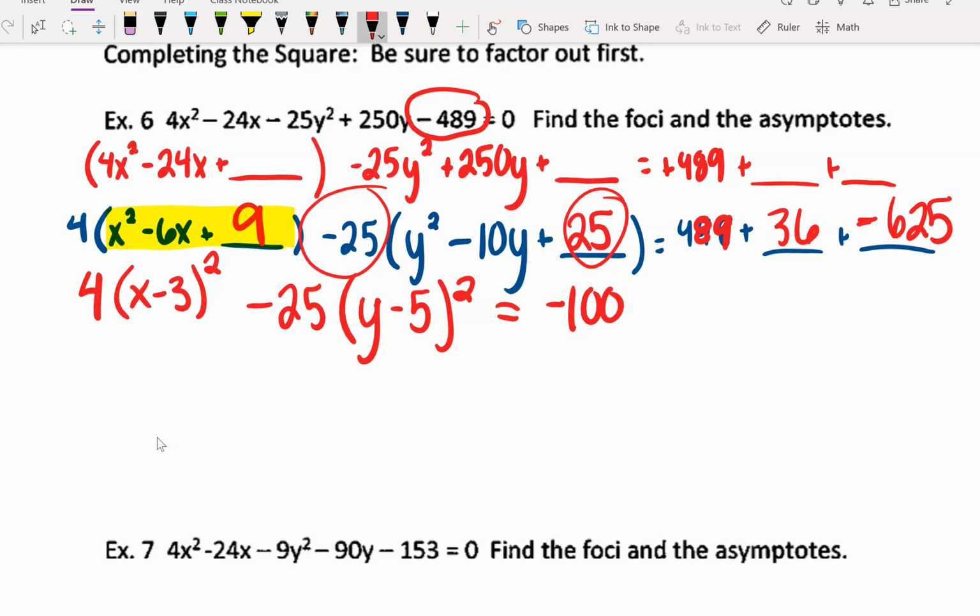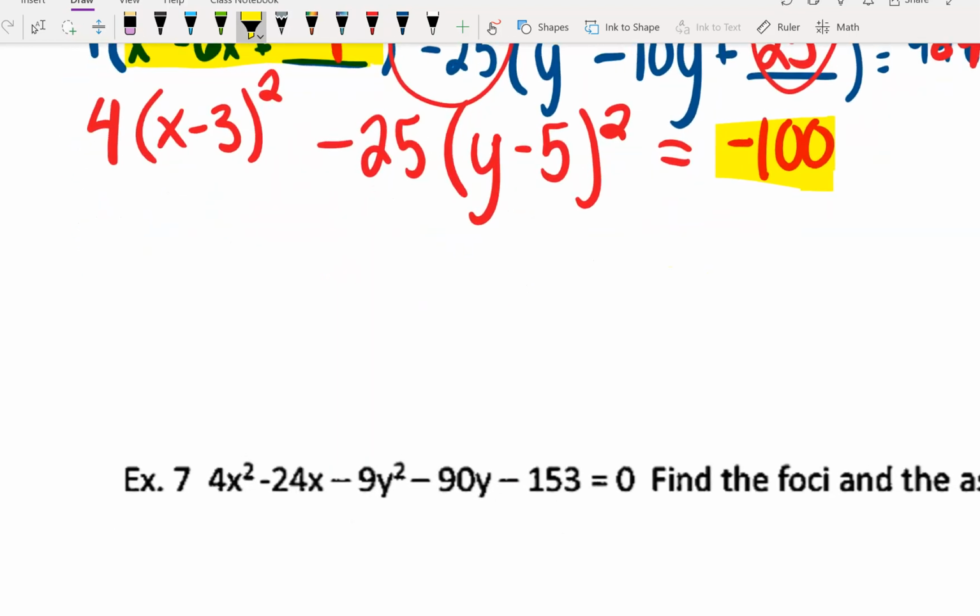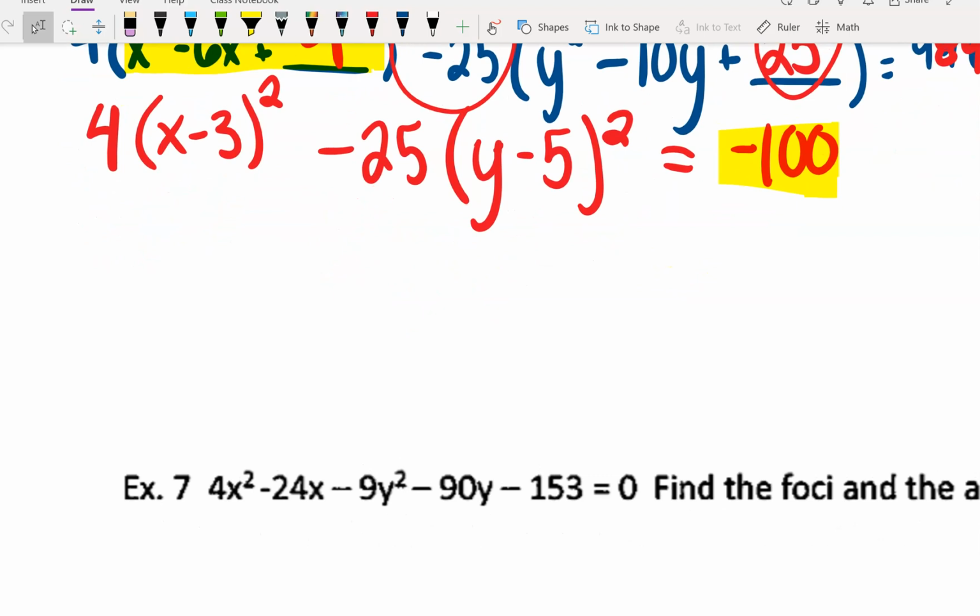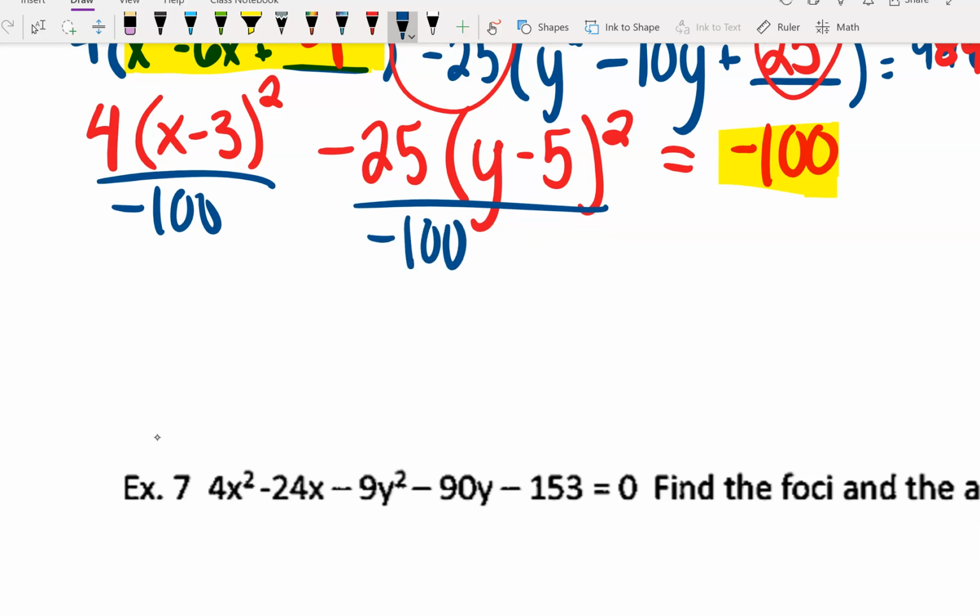Now we're much closer to having something written like a hyperbola. The issue is a hyperbola should always be equal to 1, not equal to 100. So the last thing we are going to do is divide everything by -100. Here we'll have x minus 3 squared over -25.